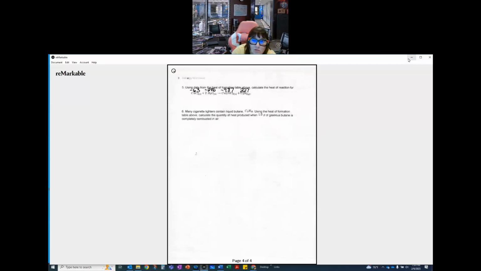So products, 227. There's 1 mole of that. Plus a negative 987 minus the quantity of negative 63 plus 2 times negative 286. Of course, it's 2 moles times kilojoules per mole, so my answer is going to be in kilojoules yet again.